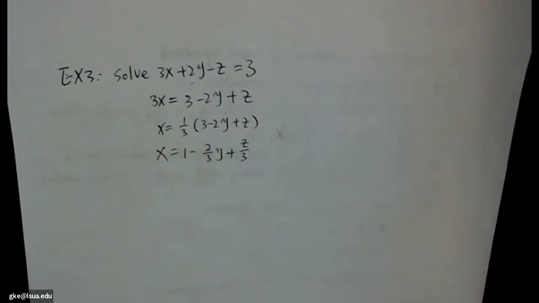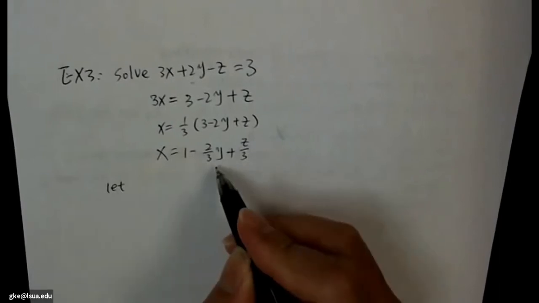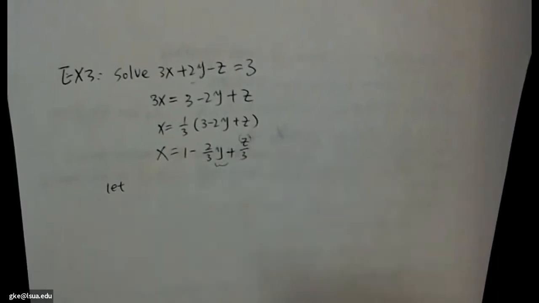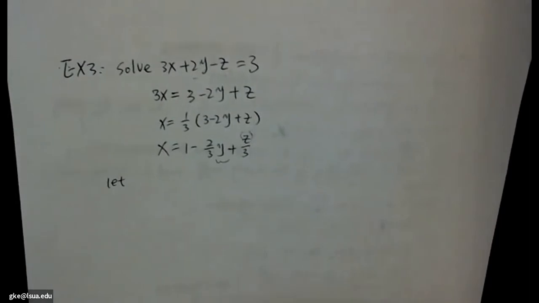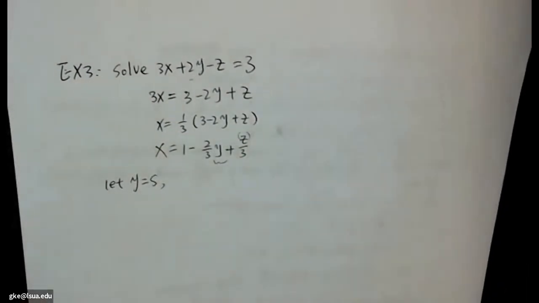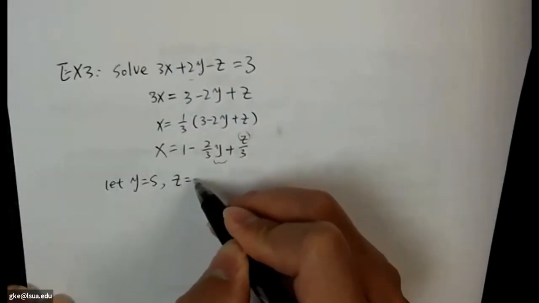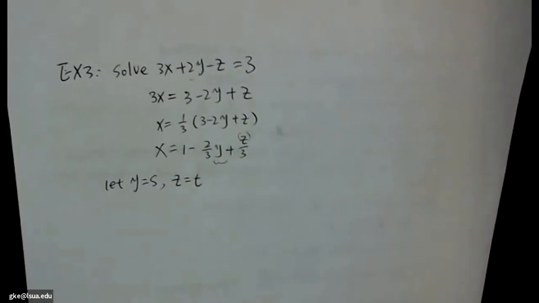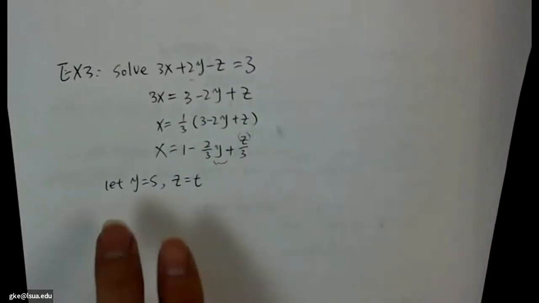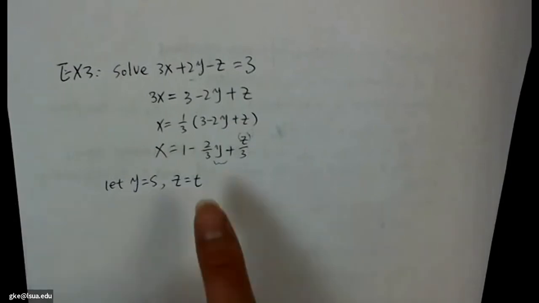Now we're going to use parameters to represent the solutions. Since here we have two variables, we let y equal s and z equal t. We have two variables, so we need to define two parameters.